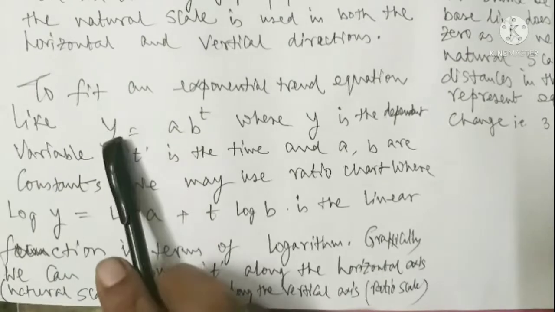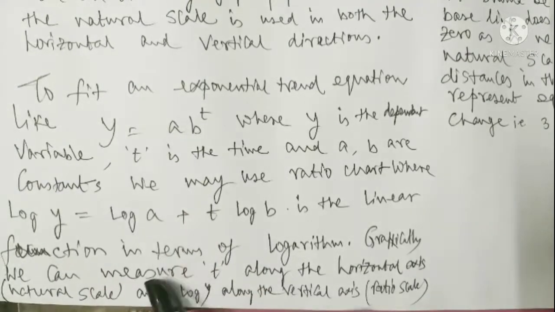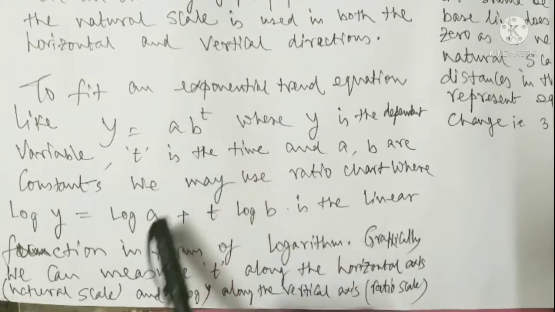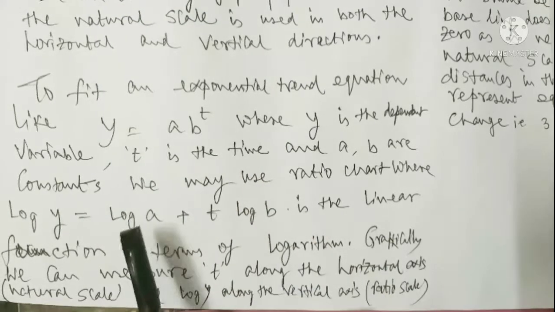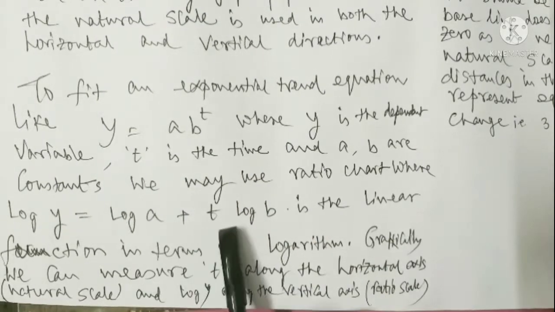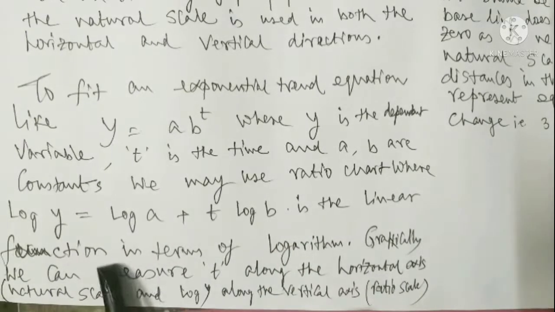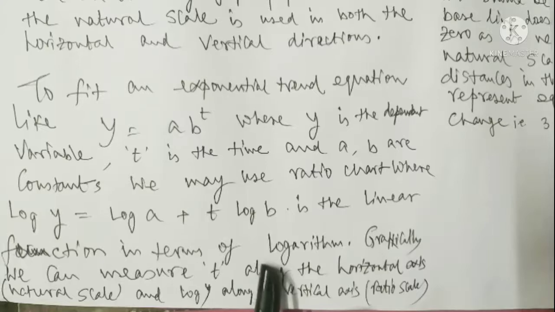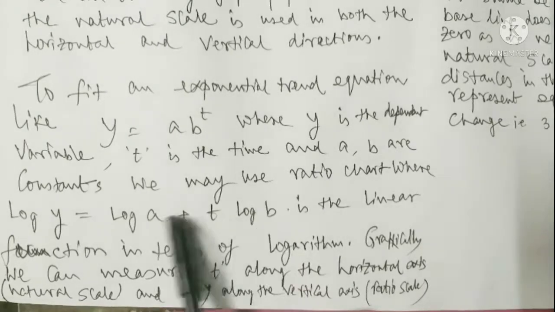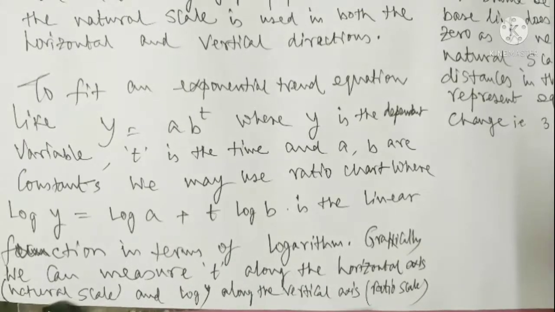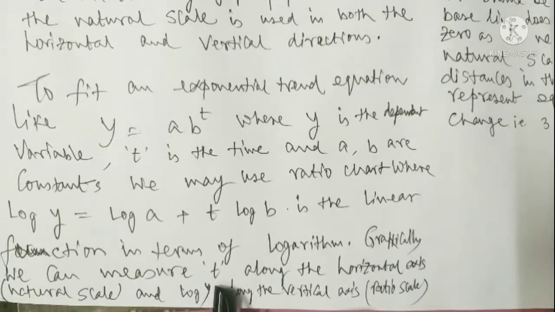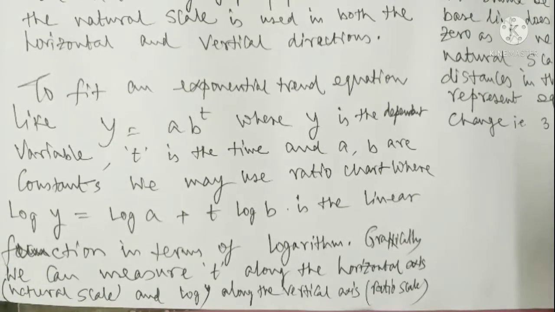Taking log on both sides, log y equal to log a b to the power t, that is log a plus t log b, which is a linear function in terms of logarithm. Why linear function? Because there is no power here. Graphically we can measure t along the horizontal axis, that is natural scale, and log y, which is dependent, along the vertical axis, that is ratio scale.